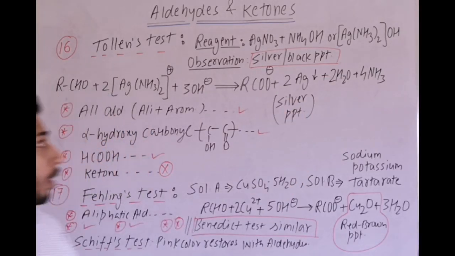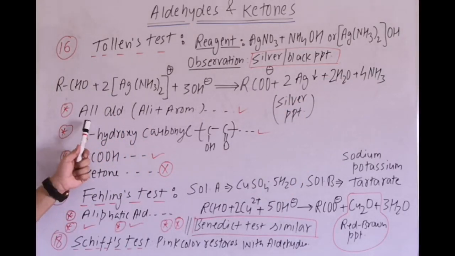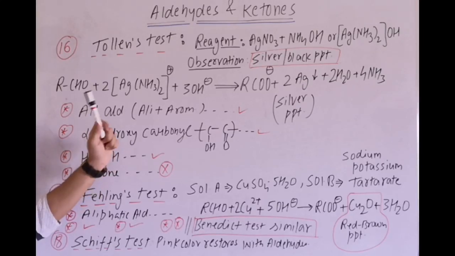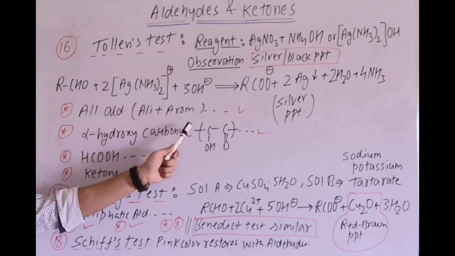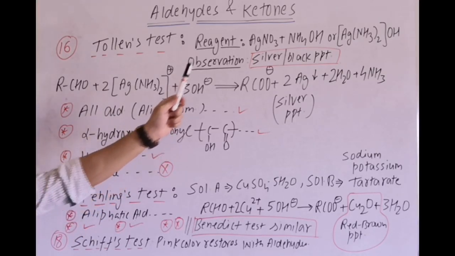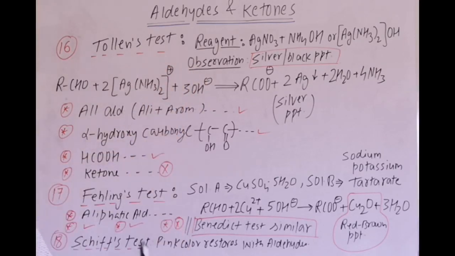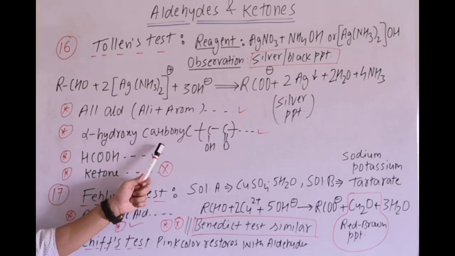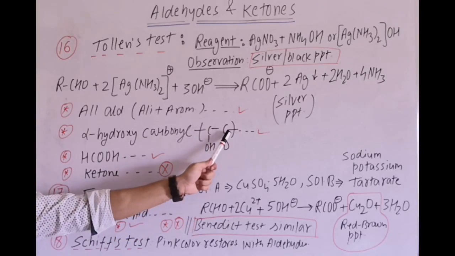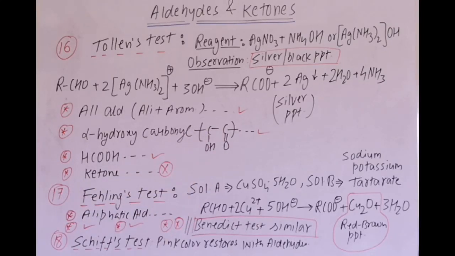Important points: all aldehydes, you can write simultaneously, aliphatic as well as aromatic aldehydes, both give the Tollens test positive. That is the first important point. Second, alpha hydroxy carbonyl, this arrangement, the other term is alpha hydroxy keto, they also give this test positive.